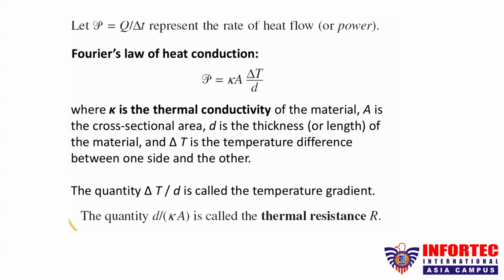So P, Q over T, equals kA times delta T over D. D is the thickness, so sometimes we can take it as the length. And delta T over D is called the temperature gradient. Then we will discuss one question related to thermal conductivity.